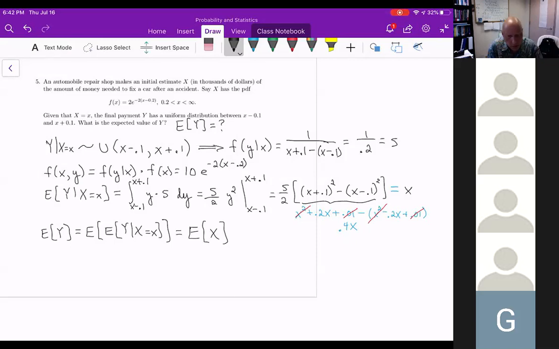So we need to figure out what is the expected value of x. And we have x's marginal distribution. So by definition, this is the integral of x times f of x, which we were given up above. And that goes from 0.2 to infinity.